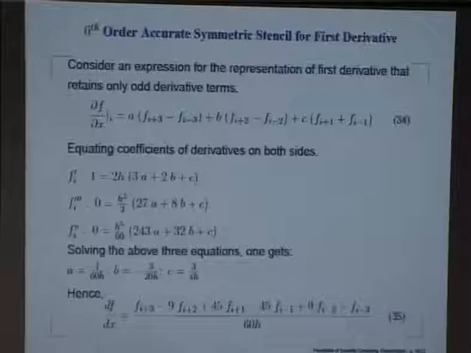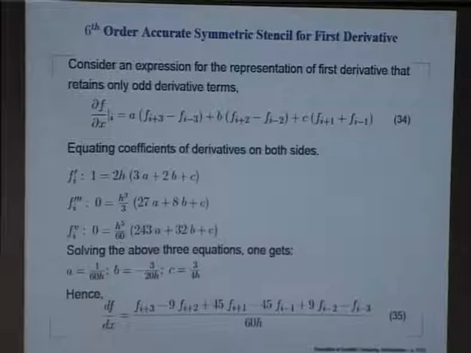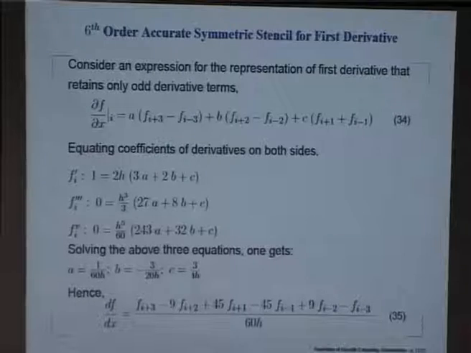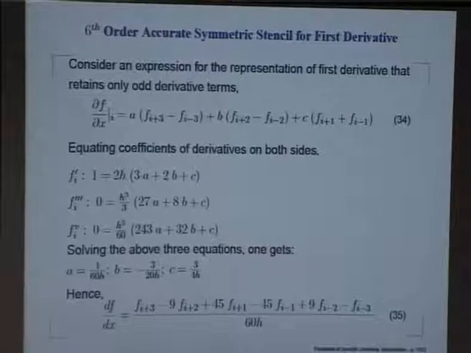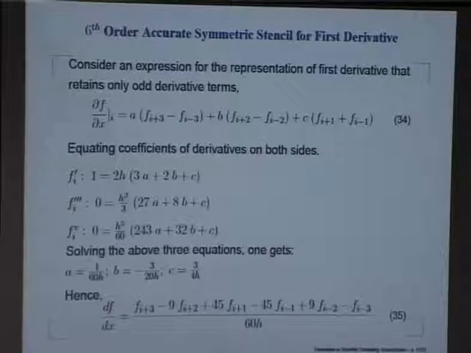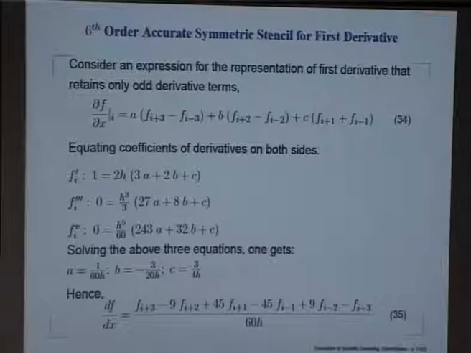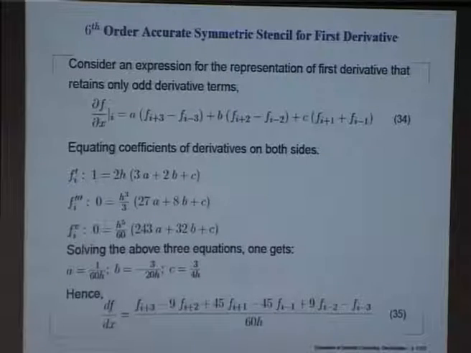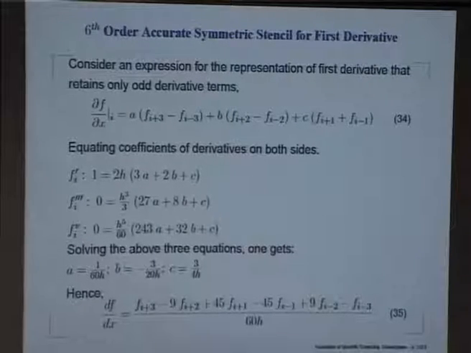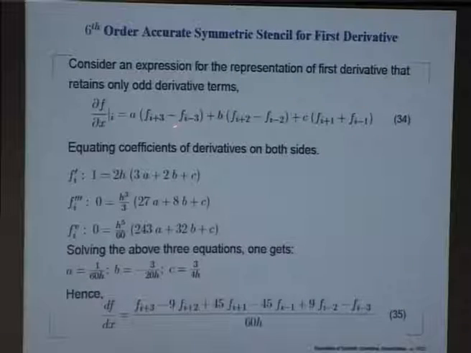There is another simpler way of doing it, which I demonstrated to you in the last class. Suppose we are interested in finding a sixth order representation of the first derivative, then we can club the terms in this particular manner.